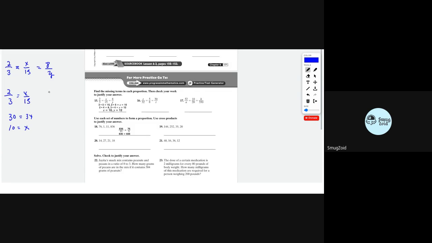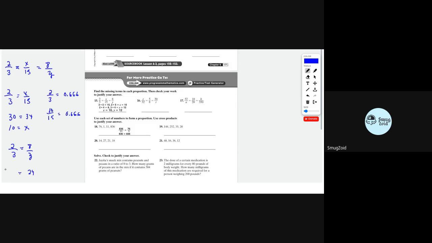I can put it back in. 2 divided by 3 is equal to 0.666, and 10 divided by 15, I just wrote that wrong, is going to be equal to the same thing, 0.666. Now let's do the 8 over y part. I grab the same number, 2/3 equals 8 over y. 8 times 3 is 24.